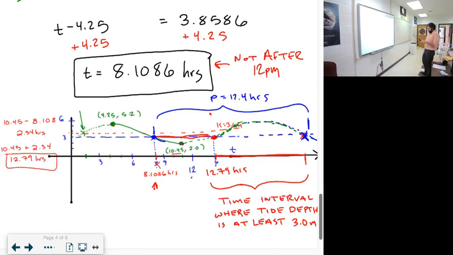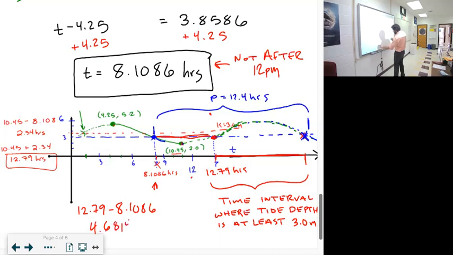So 12.79 minus 8.1086 gives me 4.6814 hours. That's the interval of time right here.